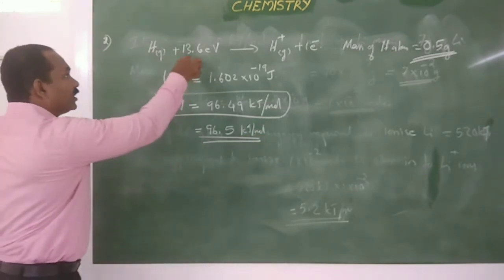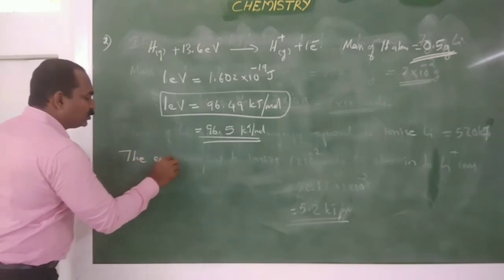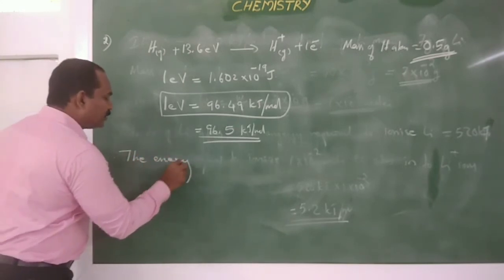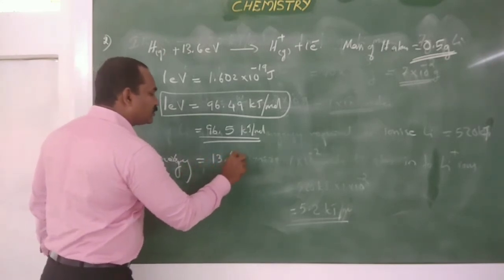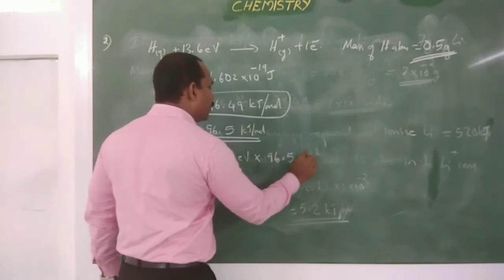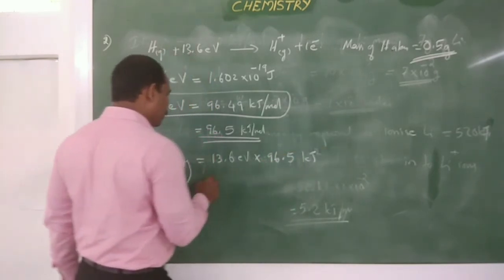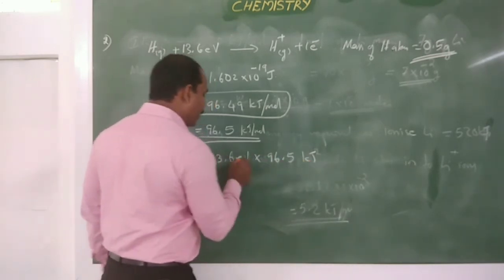Then what about the energy required? The energy is equal to 13.6 electron volt into 96.5 kilojoule divided by electron volt, by dimensional analysis.